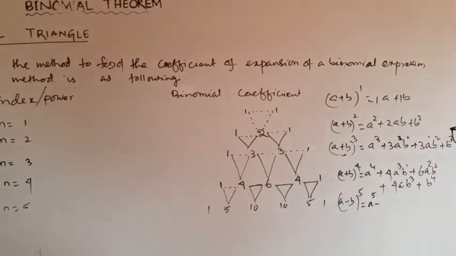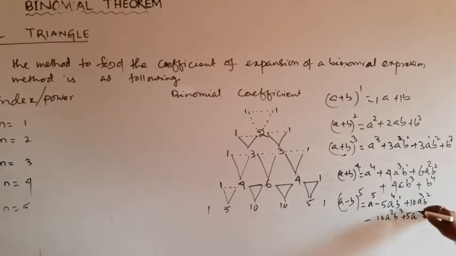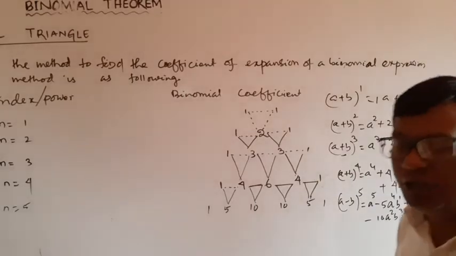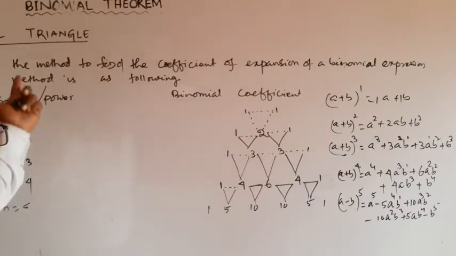Here that is 5 into a, plus 10 into a cube b square minus 10 into a square b cube plus 5 into a b fourth minus b to the power 5. This is the procedure to find the binomial coefficient using Pascal triangle.